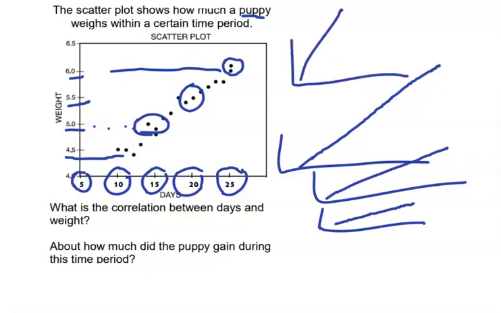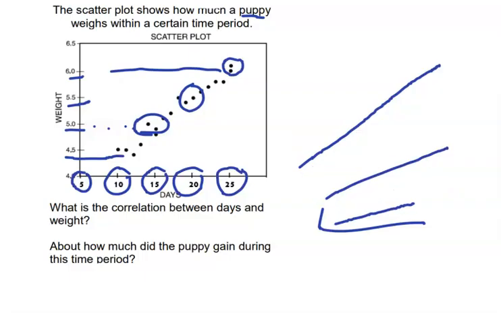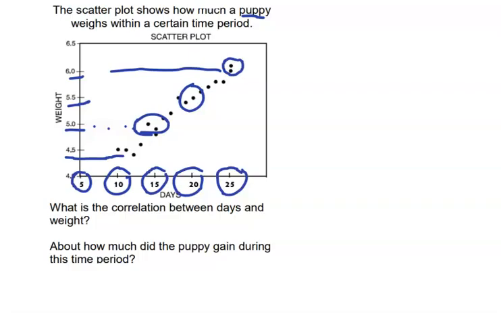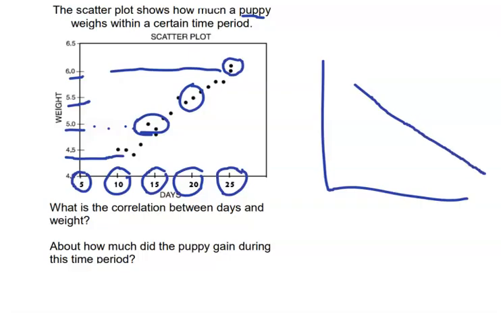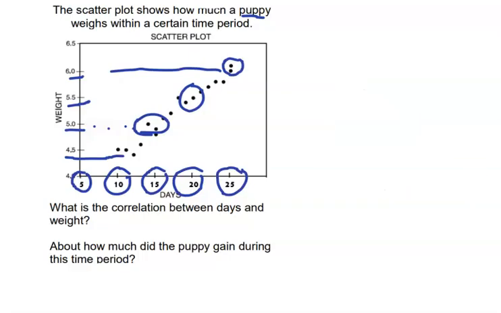Okay, so any of those situations would be what's called a positive correlation. If the graph was being plotted and it was going downward like that, then that would be a negative correlation.